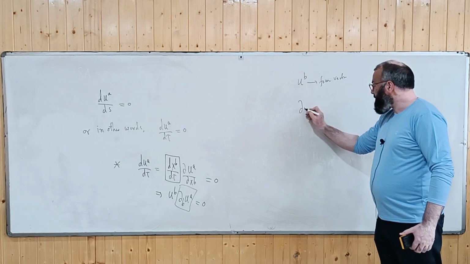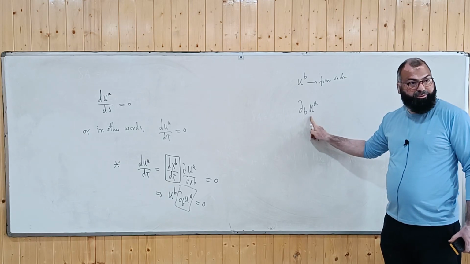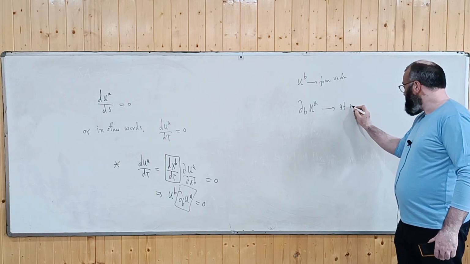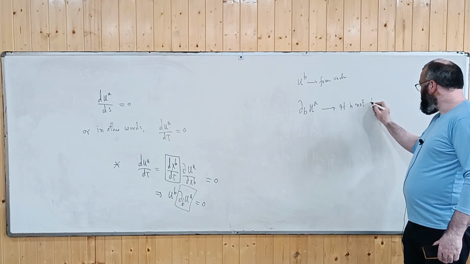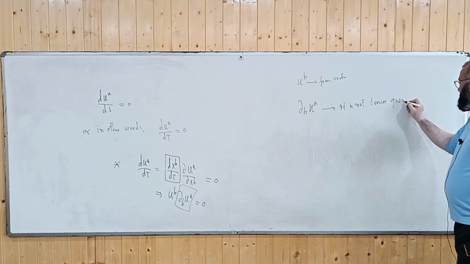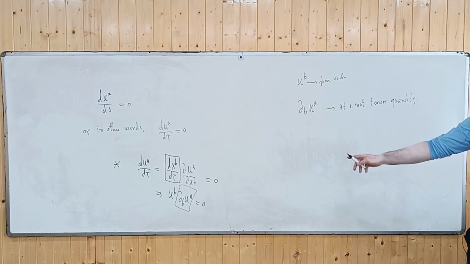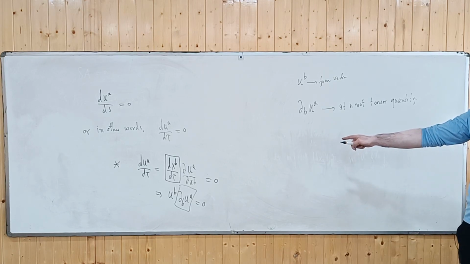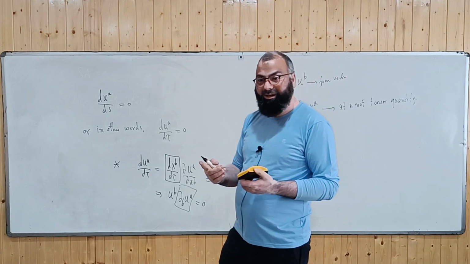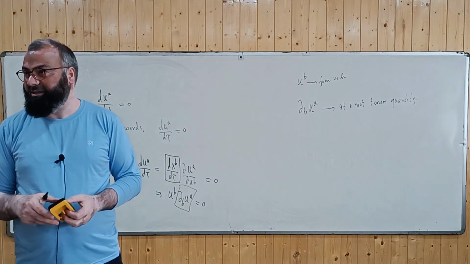What is its property? You have a partial derivative of a 4-vector, and this we have seen is not a tensor quantity. I showed you yesterday that the partial derivative of a tangent vector does not transform as a tensor.